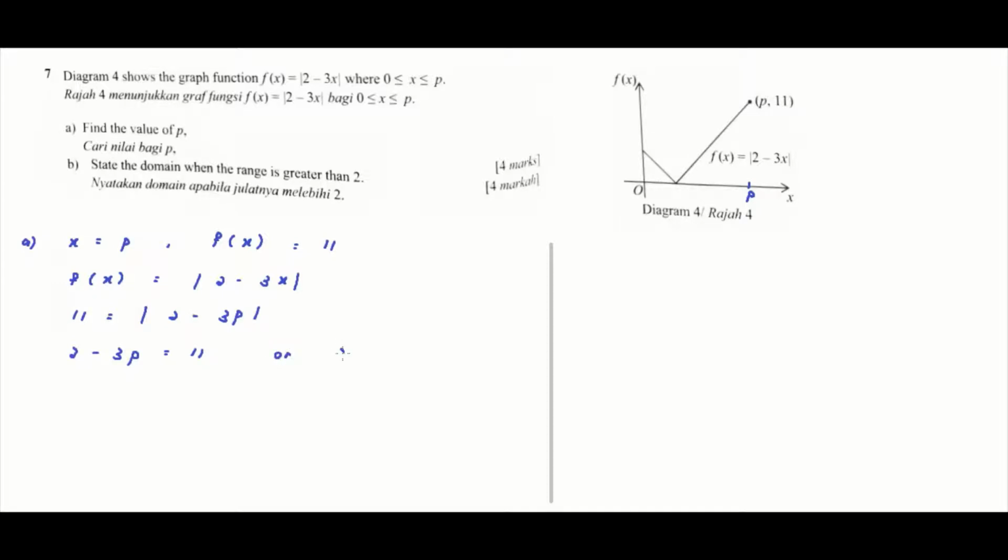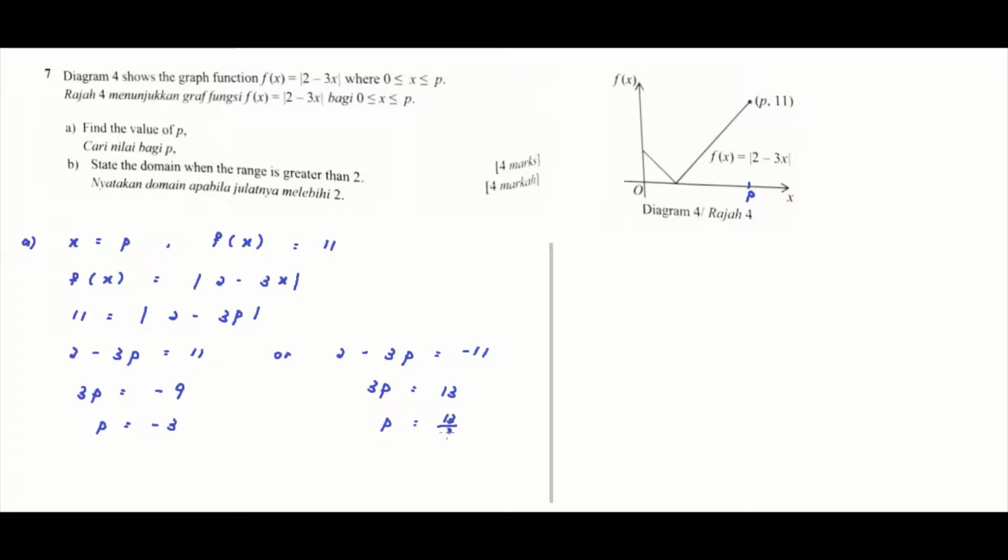In the other case, 2 - 3p = -11, where you actually get negative 11, but because of the modulus the negative is eliminated and you are left with 11. Continuing, we get 3p = -9, so p = -3. In the other case, 3p = 13, so p = 13/3.